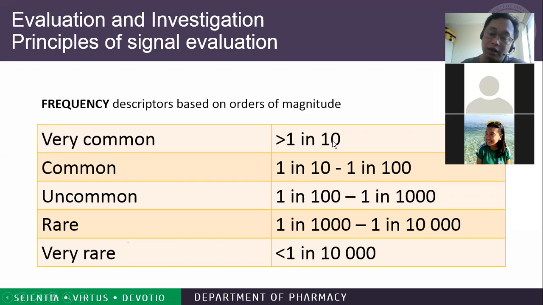So if there are 10 reports and more than one report describes the same adverse reaction from the same drug, then we can say that it is very common. And then we have the very rare, which is less than 1 in 10,000. So this is very important.